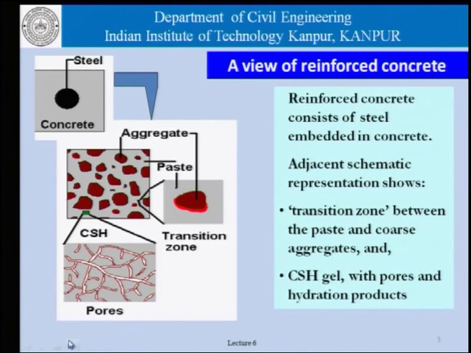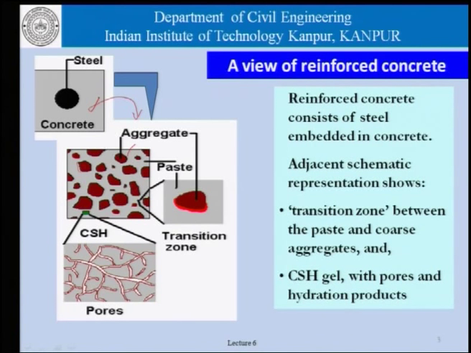Now, we have seen this picture before, which gives us a basic model as to how we are going to view reinforced concrete in this discussion. This is the concrete surrounding the reinforcing steel, which is an integral part of reinforced concrete construction, and this concrete is made up of coarse aggregates suspended in mortar or paste, which is cement and water.